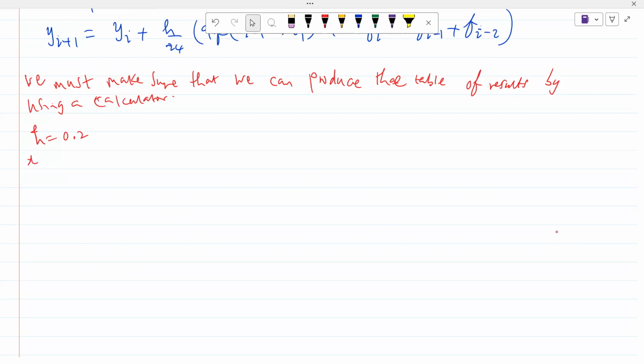We have x starting at 0.6, continuing with 0.8, and then 1.20.